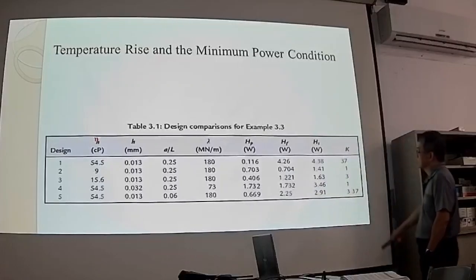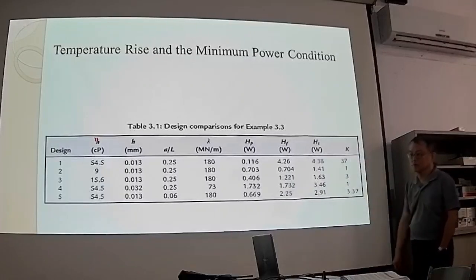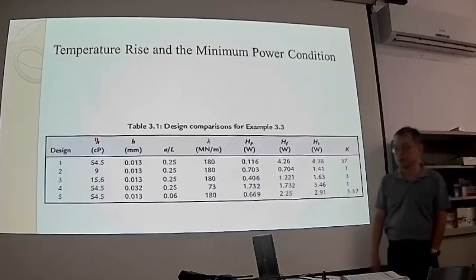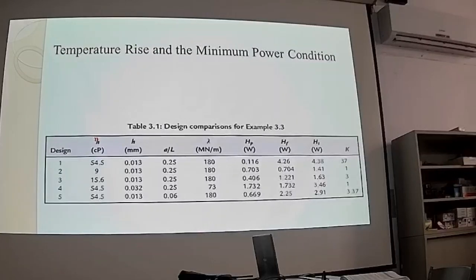So the temperature rise will drop as well. So when you read the text for the design parameter, you can look at the numerical example for this table 3.1. You can see the effect for that.